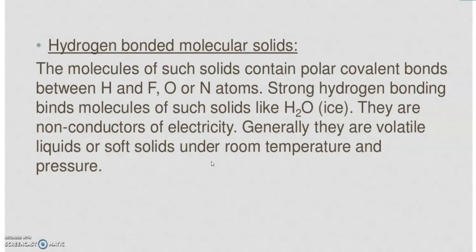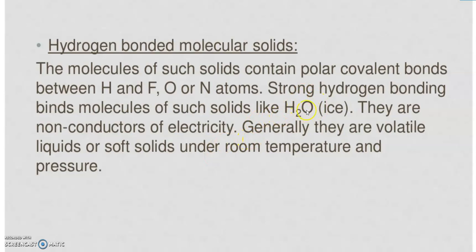Then another type under molecular solids is hydrogen bonded. Because of the polar covalent bonds between hydrogen and fluorine, or oxygen and nitrogen atoms, in such cases we can see strong hydrogen bonds. Solids like H2O, ice.